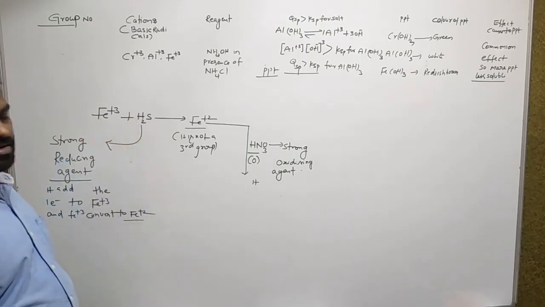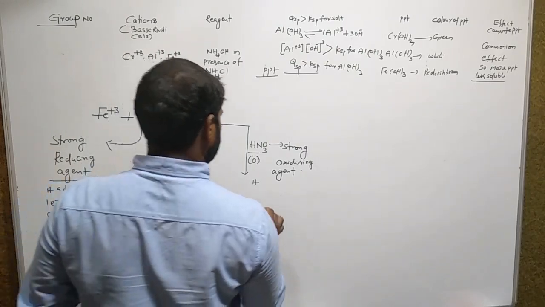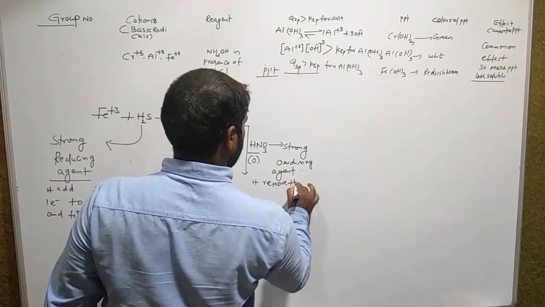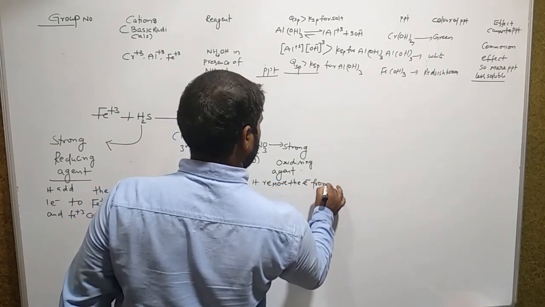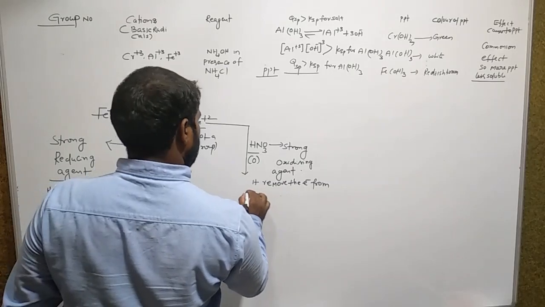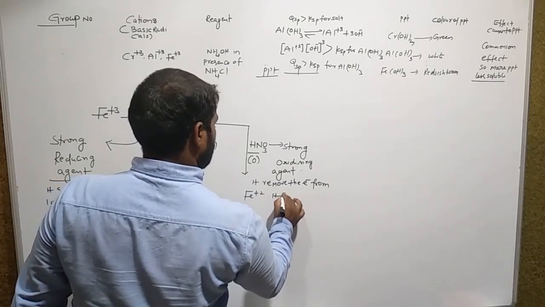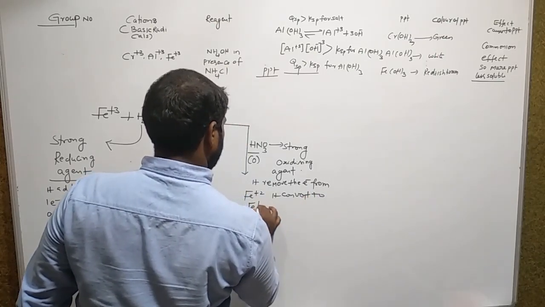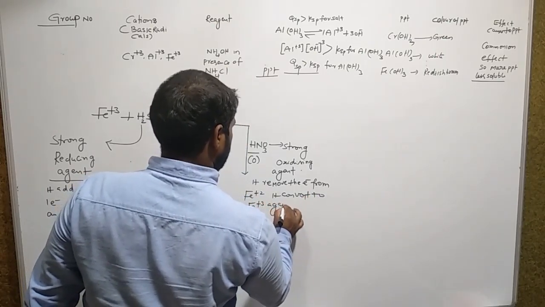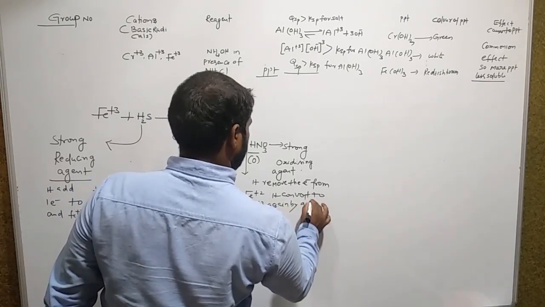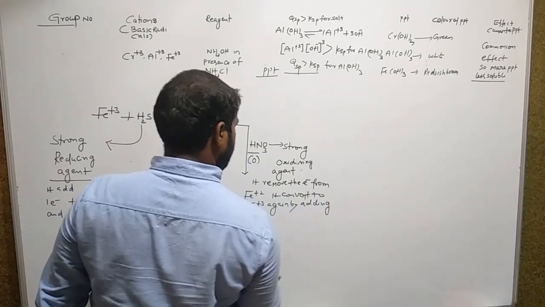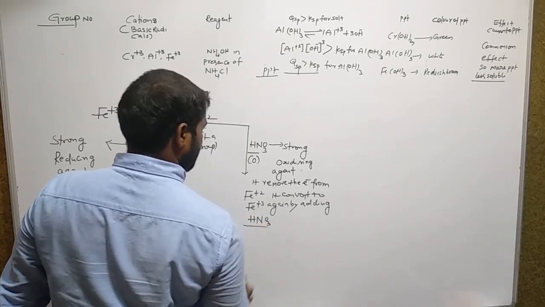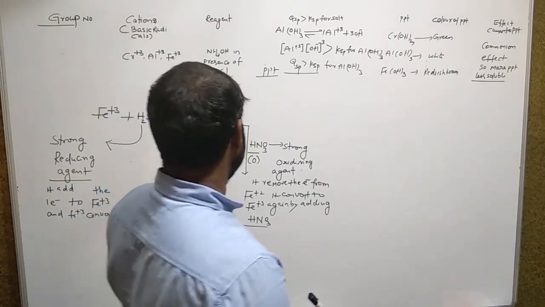An oxidizing agent removes the electron from Fe plus 2, and it converts to Fe plus 3 again by adding HNO3. It must. This is the process.